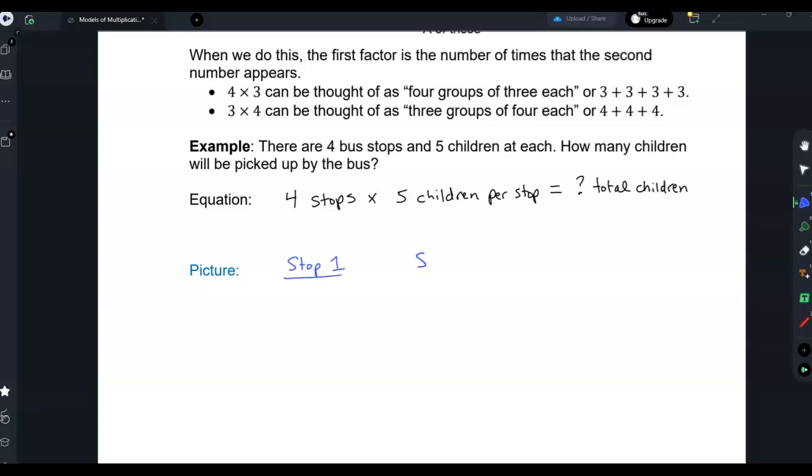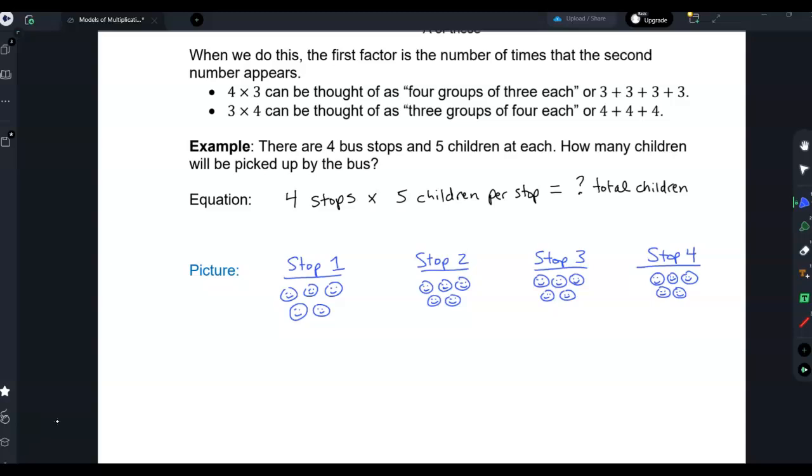You could even draw a street if you wanted to with these 4 stops on it. And then I know that there's 5 children at each one of these, so you could do little stick figures, or I'll just do little happy faces. Or just boxes is fine too. But we can see there's 5 children at this stop, and then I would just do that at each one.